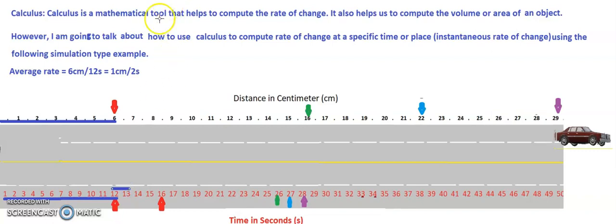So let's compute that. What's the rate when the car moves from 12 to 13 seconds?